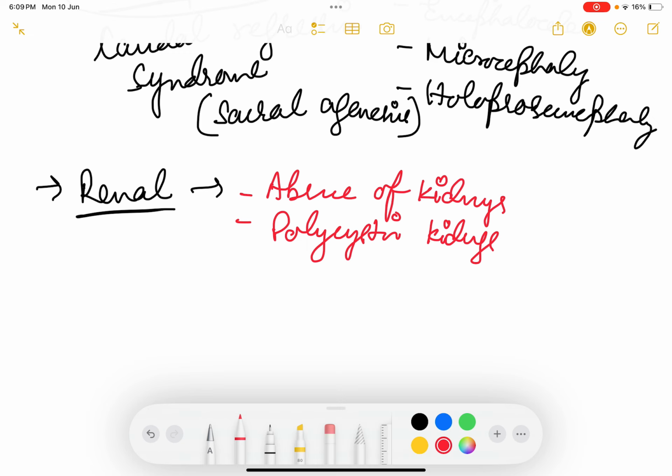Means there are two ureters can be found in the renal system. Duplication of the ureter can be found. Okay, apart from that, there can be gastrointestinal system can be abnormal, that is the GI system can be abnormal. Okay, now what are the GI system abnormalities which can be found? GI system abnormalities can be in the form of tracheoesophageal fistula, imperforate anus, and bowel atresia. So these are some of the abnormalities which can be found.